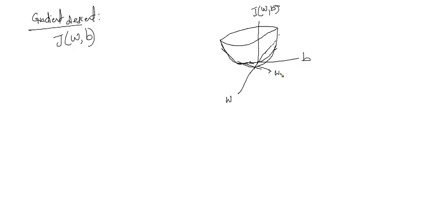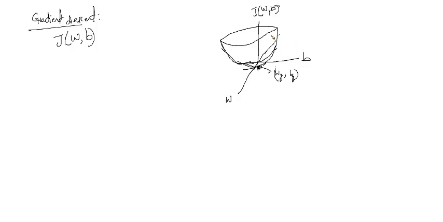There is a specific value of w and b, let's call them w global and b global, where the minimum value occurs. For this particular value of b and this particular value of w, the function value is minimum.